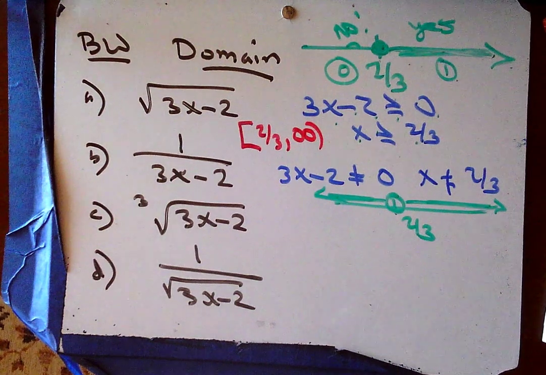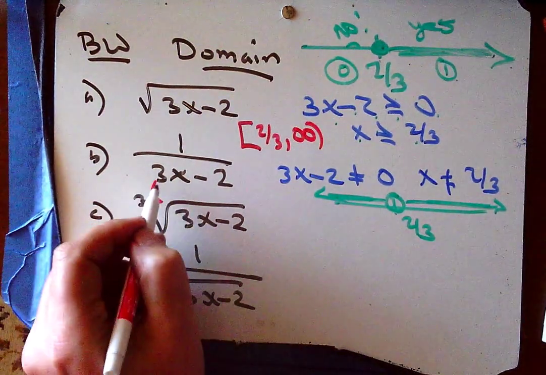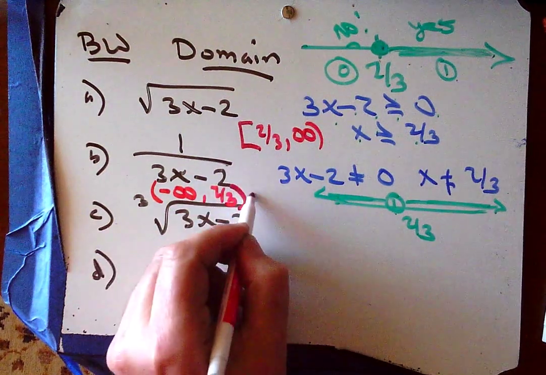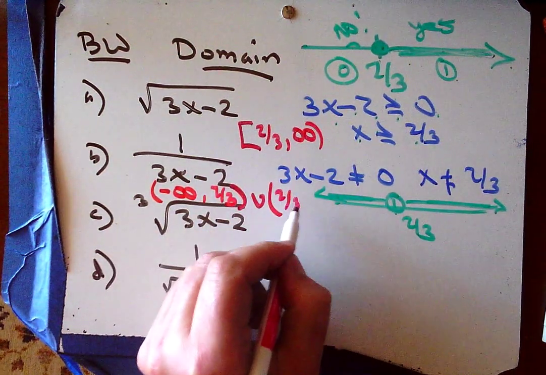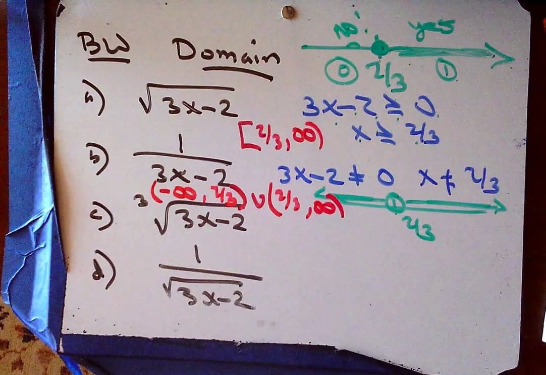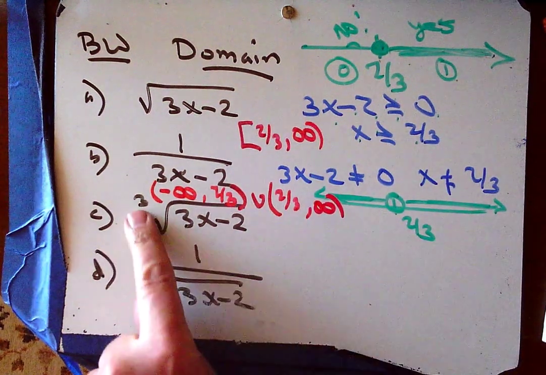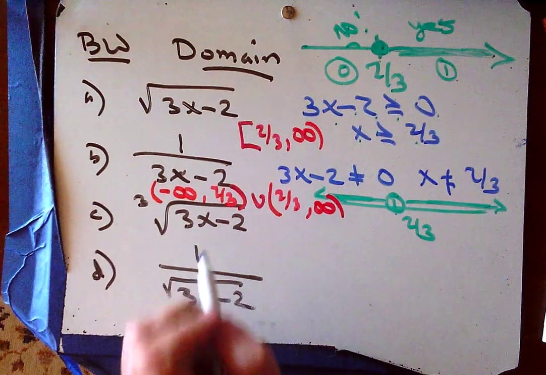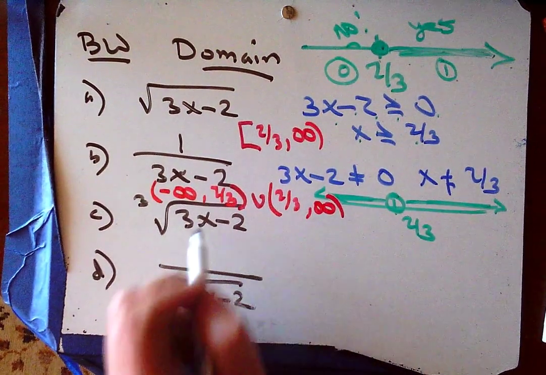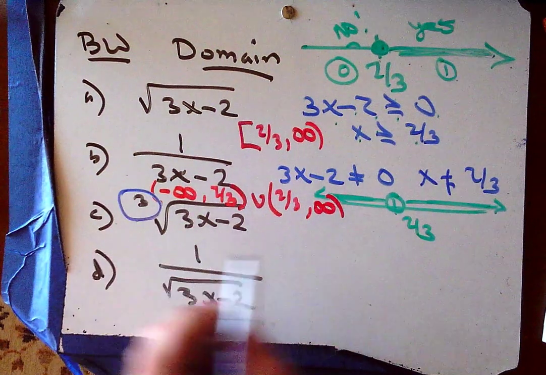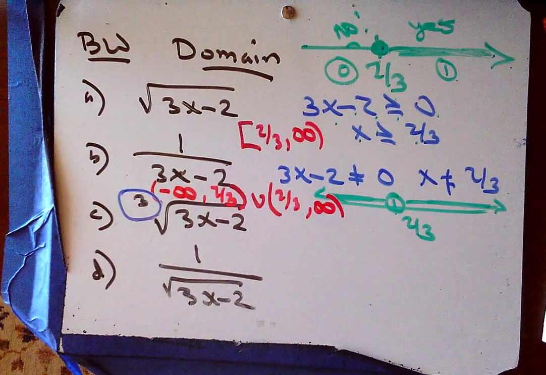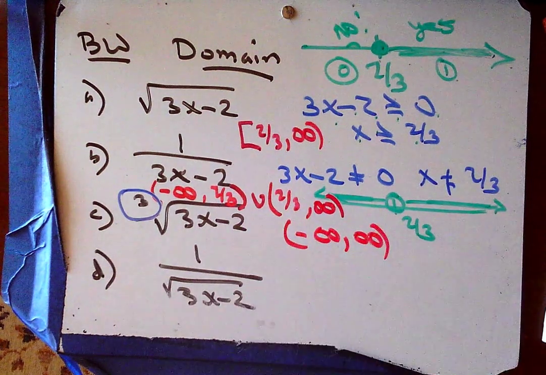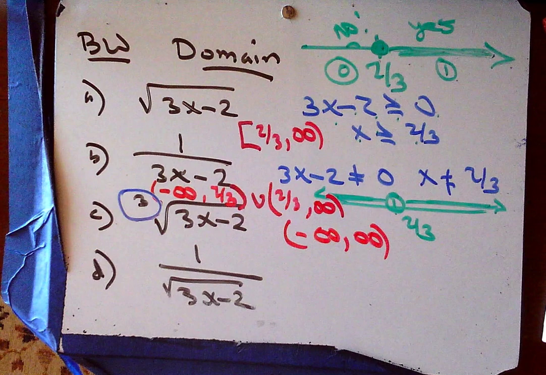And so my interval notation for domain would be negative infinity to 2/3, parenthesis, union, 2/3 to infinity. Okay? What about this cube root? Well, that's a trick question because remember, I can plug any number in there. There's no restriction on cube root of x. So its domain is negative infinity to infinity, just like a polynomial function.